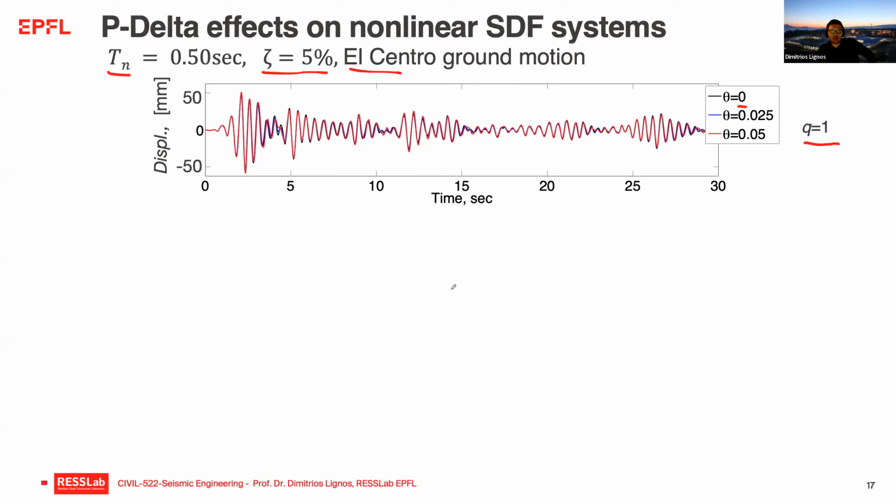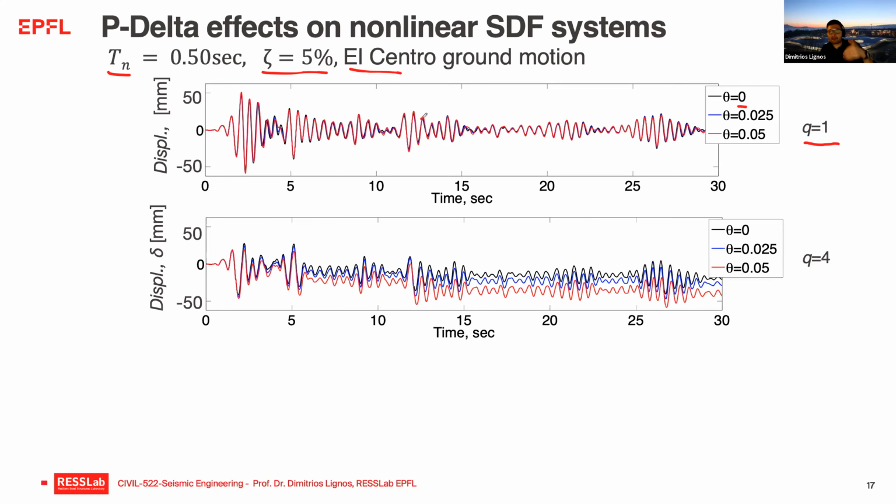So you see that when I have an elastic structure, the stability coefficient when it ranges from 0 to 0.05 has practically no implication on the seismic response of this oscillator. Now, in the second case, I consider that my V0 divided by Vy is basically equal to 4.